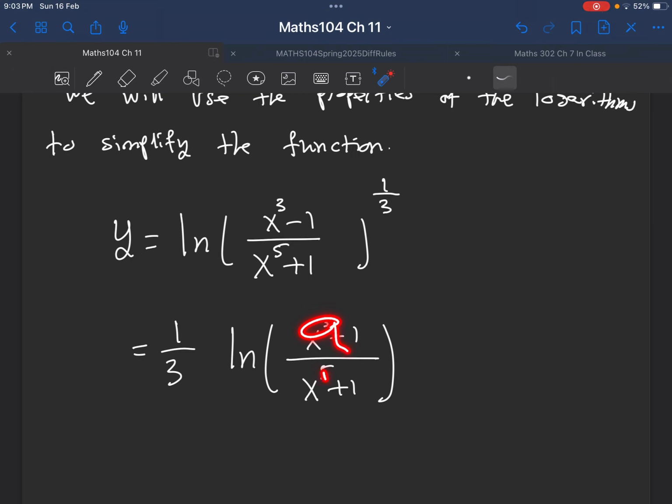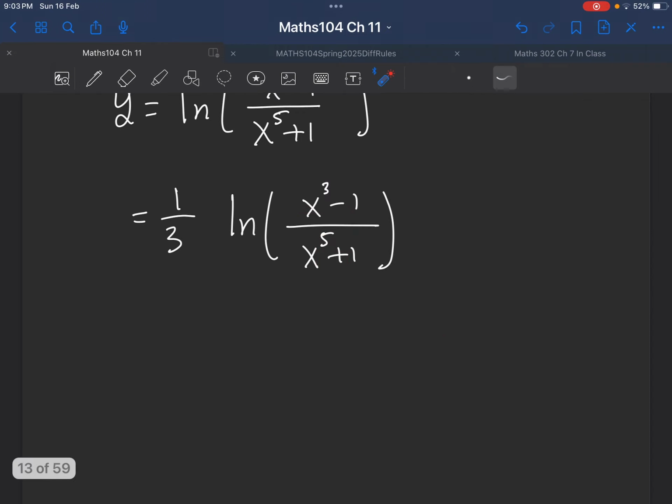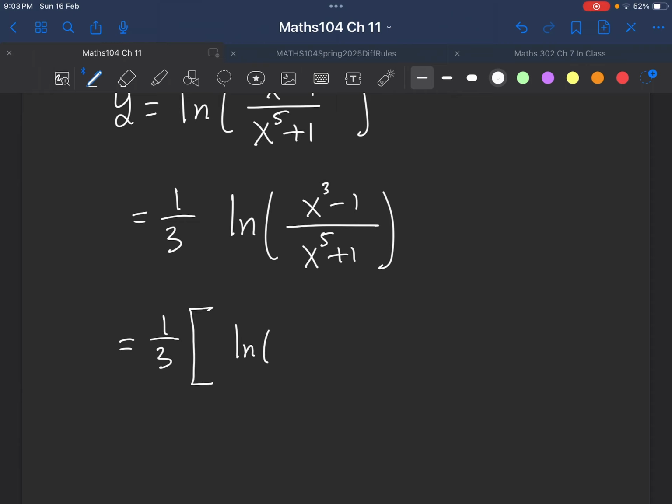Now remember, if we have a over b, the answer will be ln a minus ln b. So this would be just 1 over 3 times ln of the first minus ln of the second.